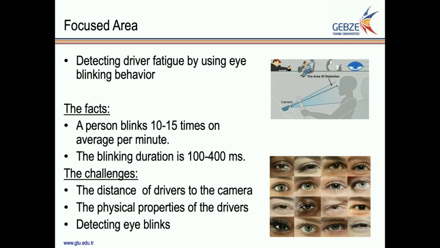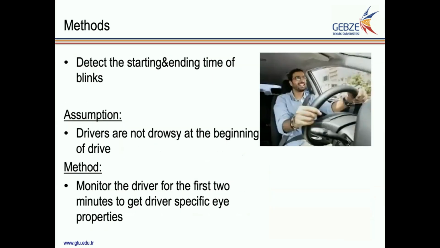For example, Asian people have different eye characteristics, and northern people have different eyes. So there are a large number of eye types, and their ratio of width to length may change. That's why a system that only depends on the eye properties may change from person to person and with their settings in the car. So these are the challenges that we have to handle.